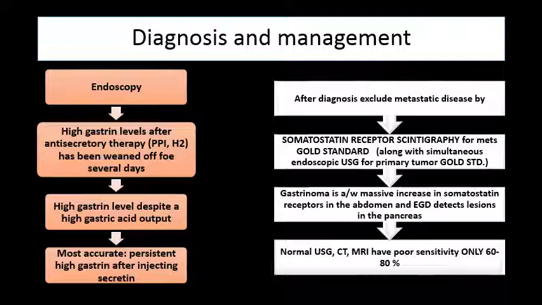Gastrinoma is associated with a massive increase in somatostatin receptors in the abdomen, and they can be detected by somatostatin receptor scintigraphy. And the endoscopic ultrasound detects lesions in the pancreas, the primary tumor. Other modalities like normal USG, CT scan, MRI have poor sensitivity, only 60 to 80.